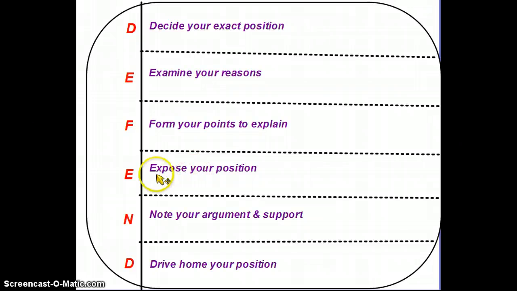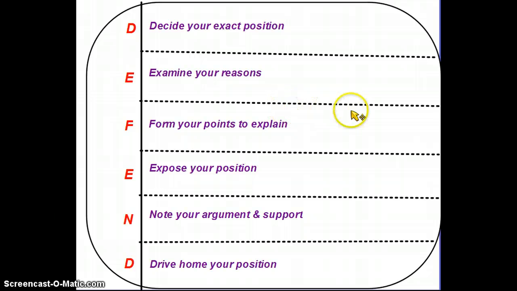Then you move to expose your position. Exposing your position comes in line with noting your argument and identifying your support. These 2 elements work in conjunction. If I say, I examine my reason, that it was a call to duty, a duty to serve your country, you're going to form my points and explain that reason a little heavier to give context to the time. This was during the Civil War.